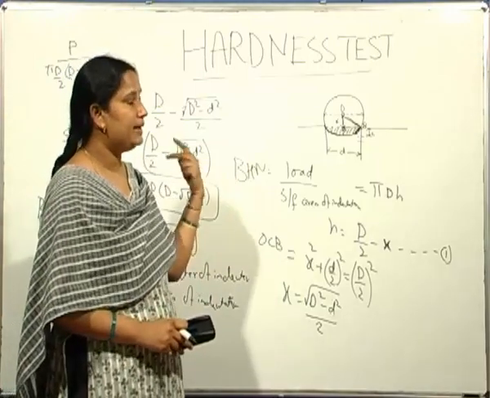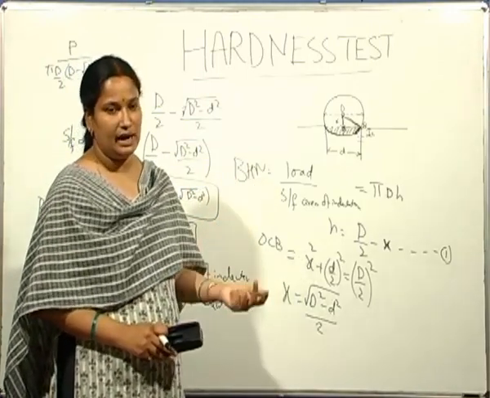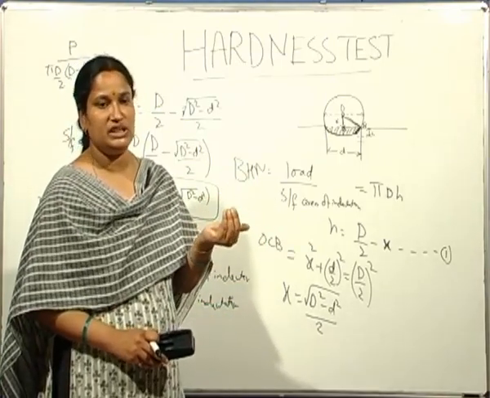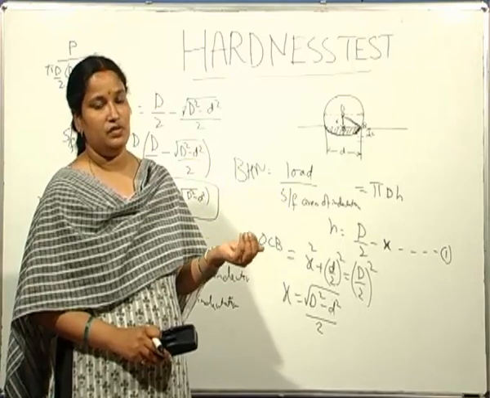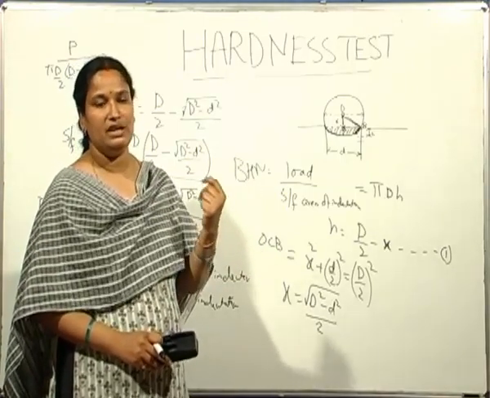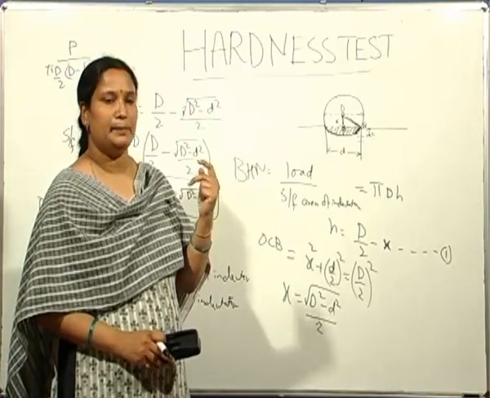A better way of determining the hardness is load divided by the projected area of indentation, which takes into consideration the mean pressure between the indenter and the material.